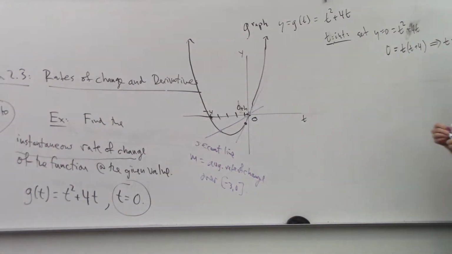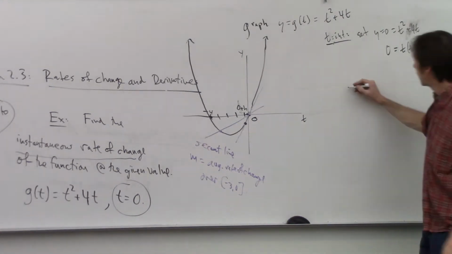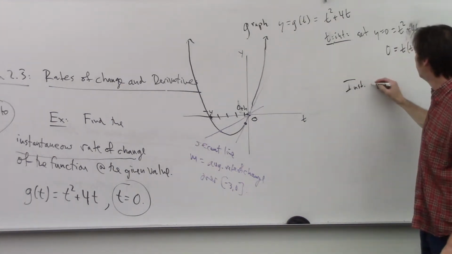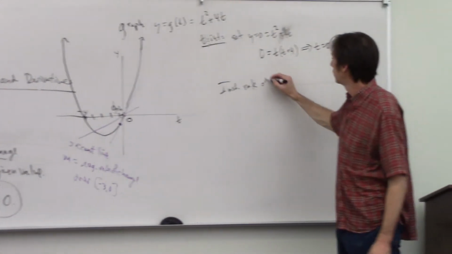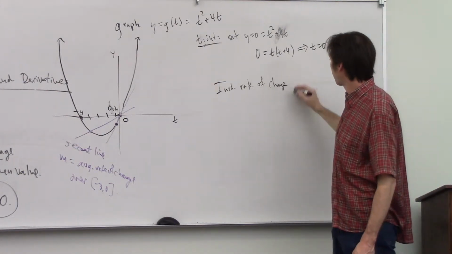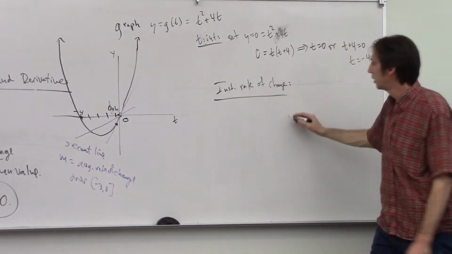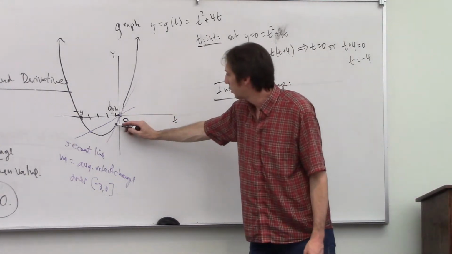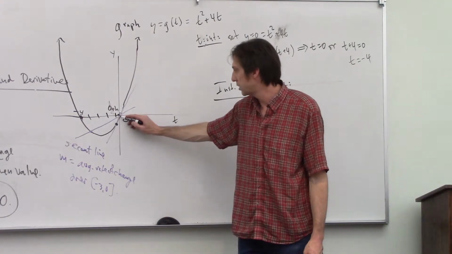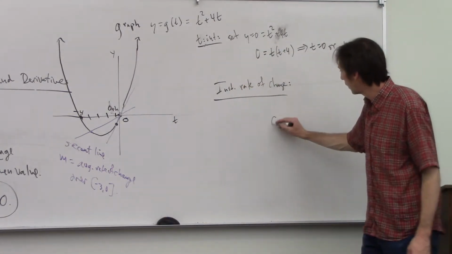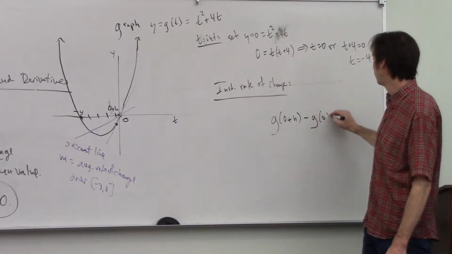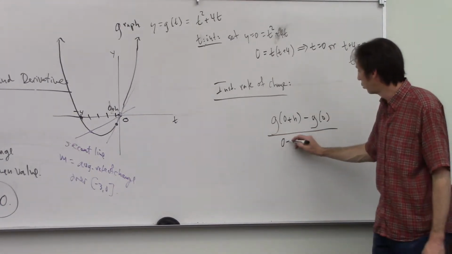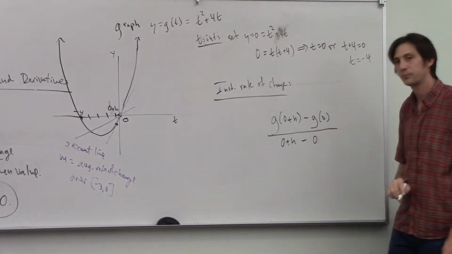The formula in your book for instantaneous rate of change involves a difference quotient, right? And so it's going to be the difference quotient for this point at 0 plus h and this point at 0. And so that's g of 0 plus h minus g of 0 over 0 plus h minus 0.